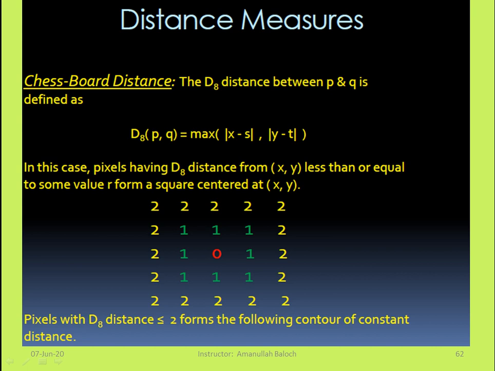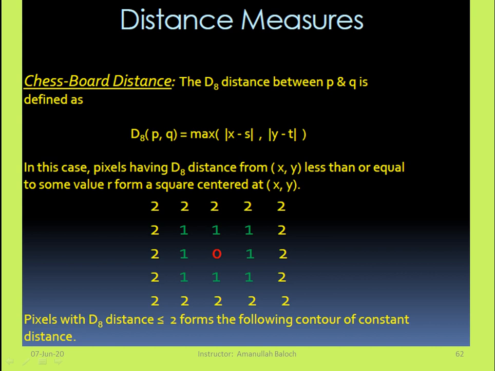So this location has position x minus 1 and y plus 2. If this is 0 0, then this pixel will have x minus 1 and y plus 2 position.